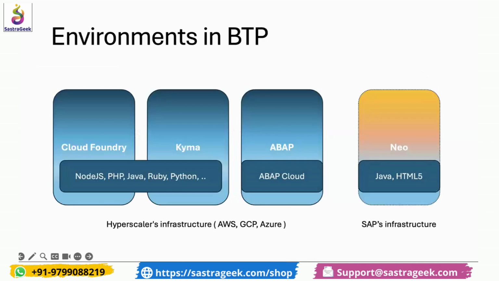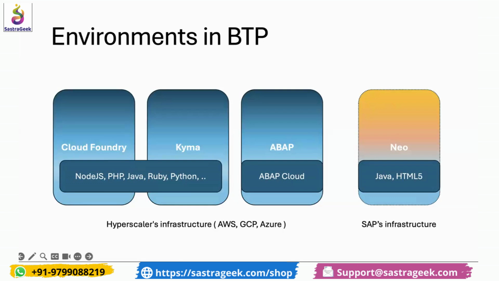Just go a bit deeper though. We saw Cloud Foundry, Kyma, and ABAP as the BTP runtime environments. But you can see Neo over here. Neo is the original SAP cloud environment SAP created, seeing Amazon, Google, and others create their own infrastructures. It is a very rigid environment.